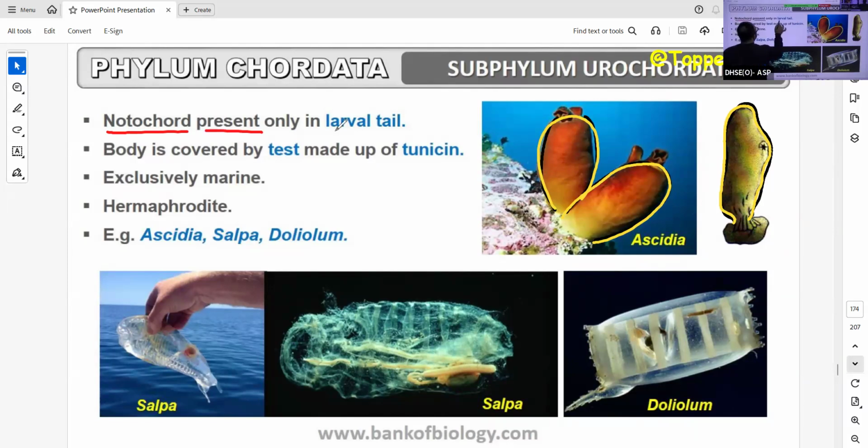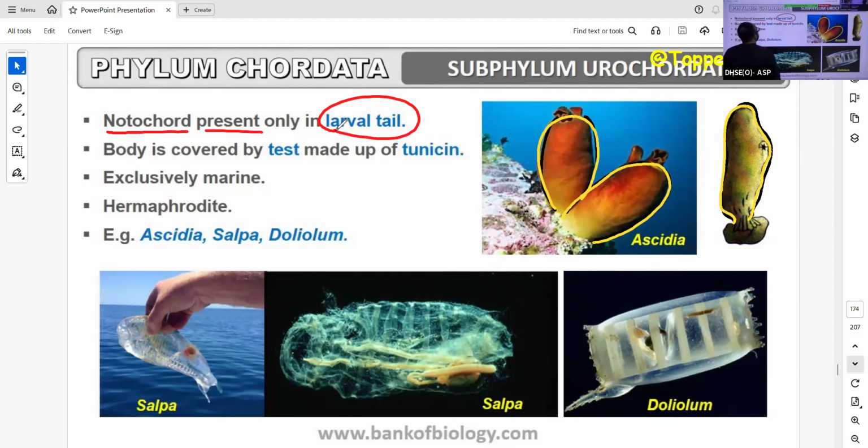Notochord is present only in the larval tail. Only in the larval form, and that too only in the tail section, you'll observe a notochord. In the rest of the body, the notochord is not there. Remember this. These certain differences are very, very crucial.